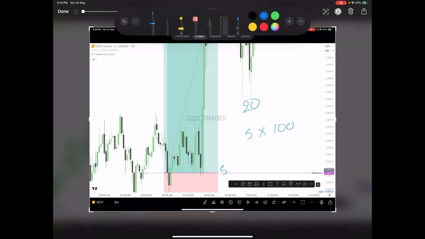Every point in the gold futures is $100. 500 times 20. How much is that? That's $10,000. $10,000. I'm satisfied. I close the trade. I'm out. So this is the series of order blocks trading strategy.